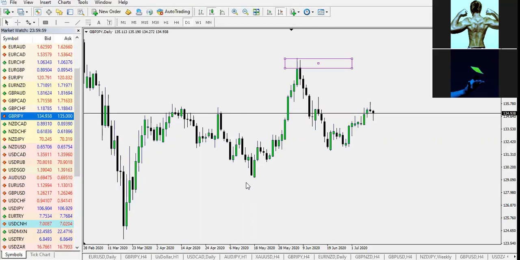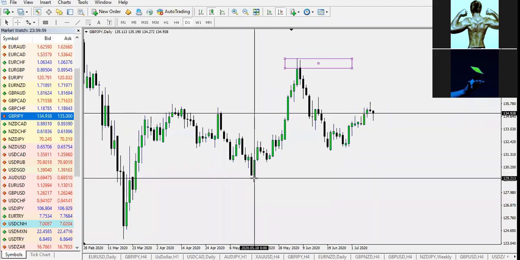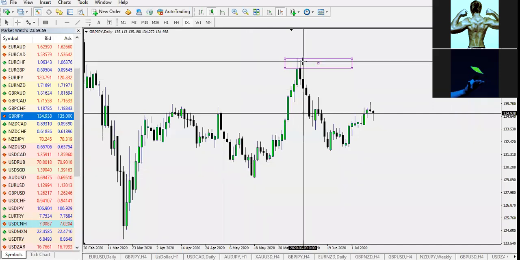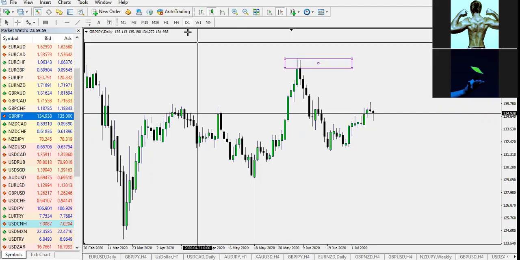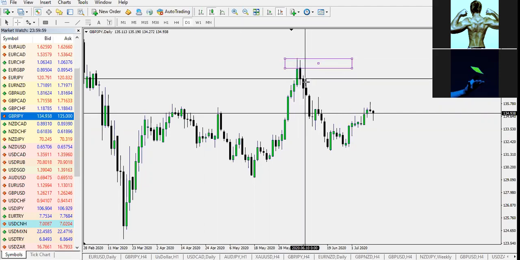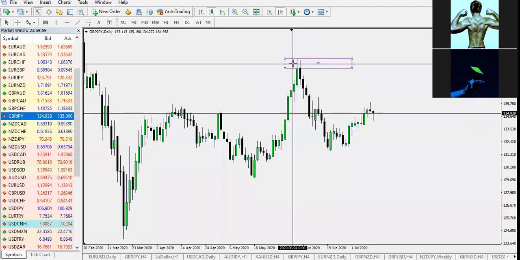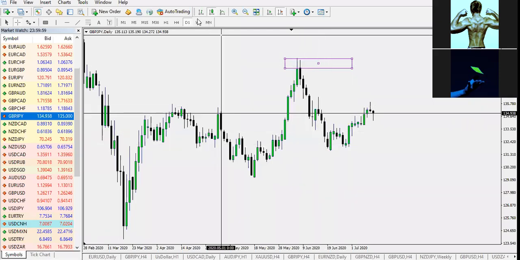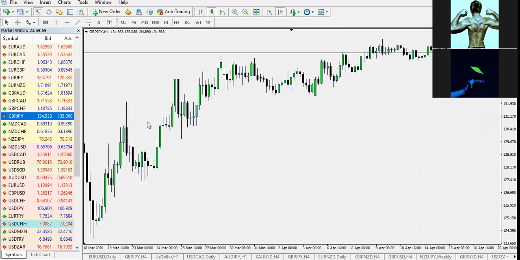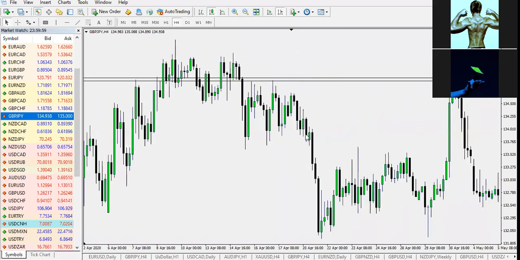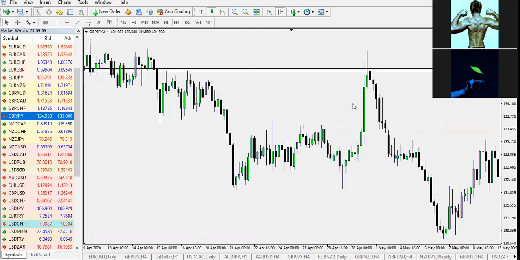So we use the bodies because on lower time frames, the real volume of data occurs inside the body and not inside the wick, okay? Obviously the higher the time frame you go, you need to use the bodies as well as the wicks. But if we go to 4-hour, then we can just forget the wicks, because sometimes you'll just have a lot of wicking into price levels.